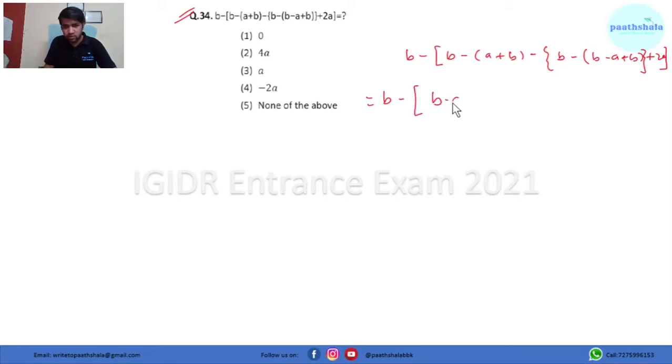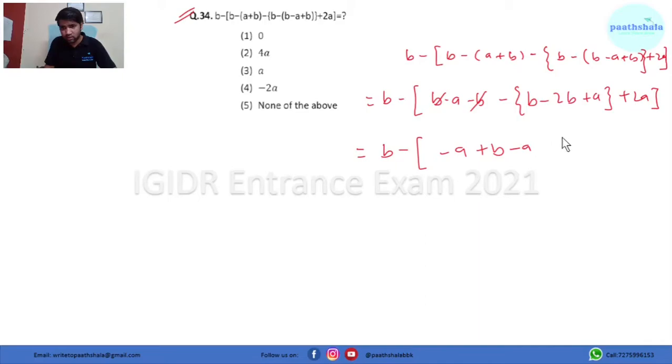So this is b minus a minus b minus, inside this curly braces we can open b minus 2b plus a, plus 2. So when you solve it further, b and b get eliminated. Here this will be b minus, inside this minus a, and this will come out to be minus b, and outside it is minus, so this will become plus a, and this will be plus 2a.